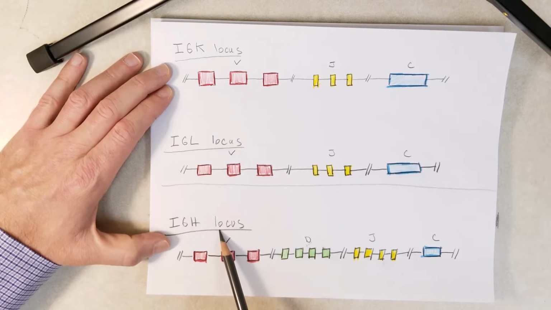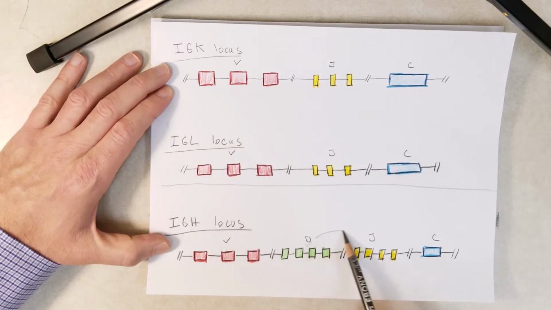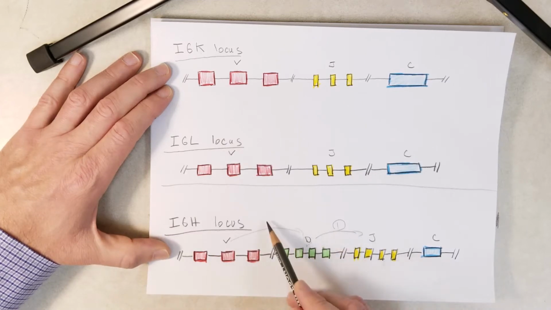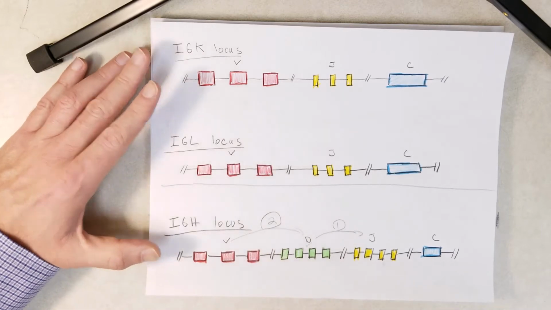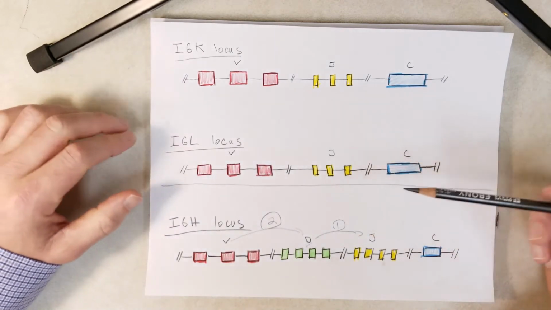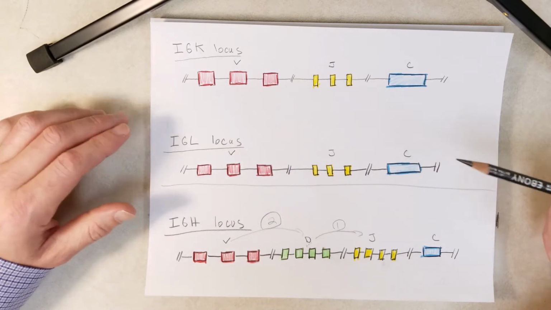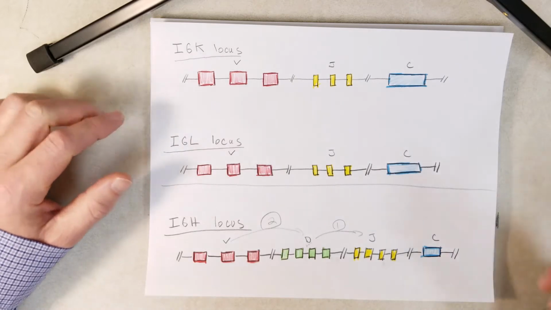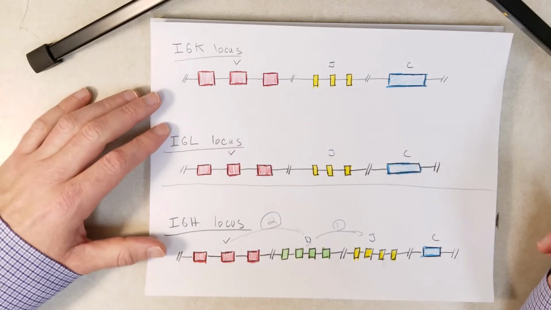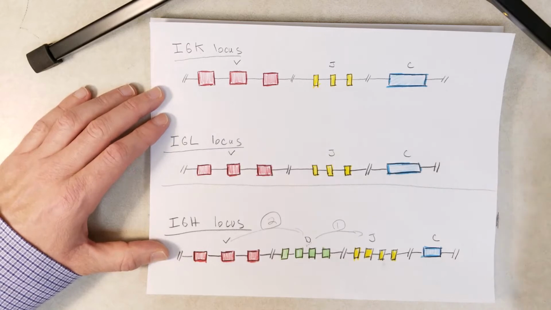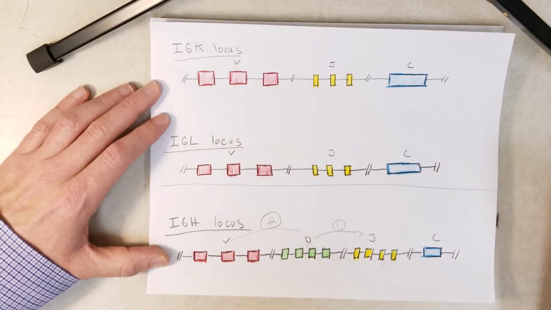Now the IgH is a 2-step recombination process of joining one of the D's to a J first, and then one of the V's to that same D segment that was joined to the J. So this would be step 1 over here, this would be step 2 over there. And we went over this in pretty good detail in the previous video. But we didn't really cover the mechanism of how it happens, how the cell actually breaks the bonds and links them together. And that's what we're going to cover in this video.